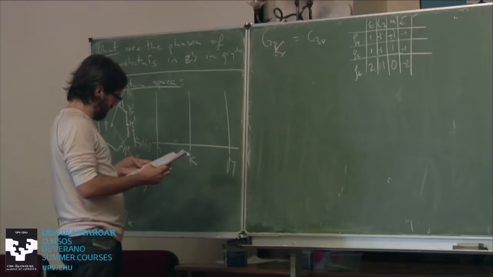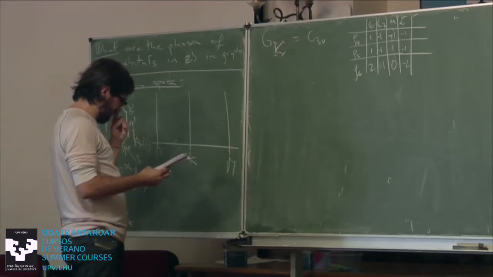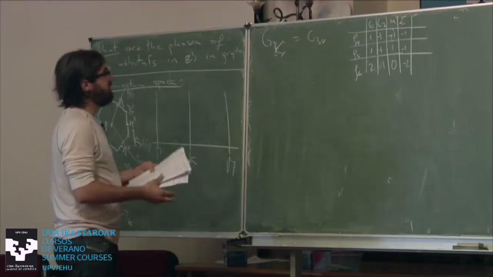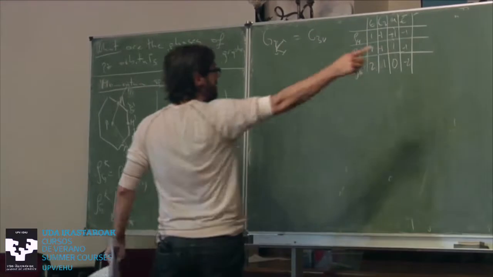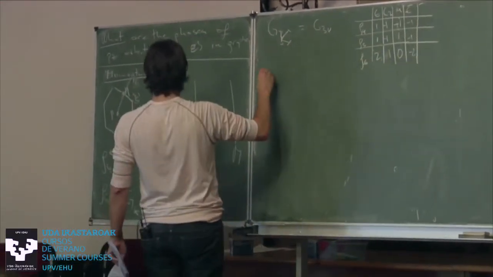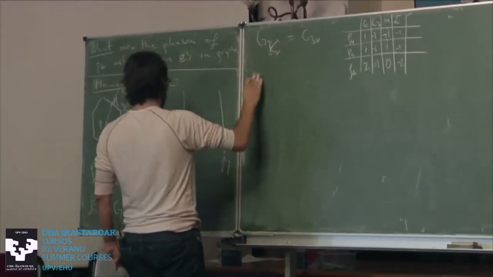Okay, so now I want to know what this band representation does when I subduce it to here. All I do is compute its traces.